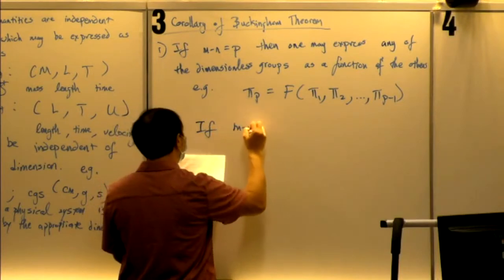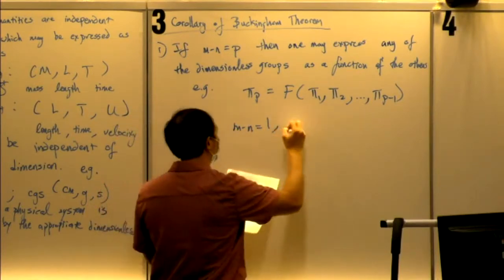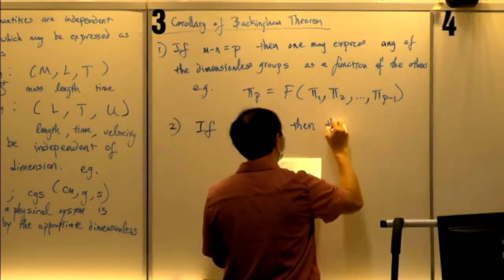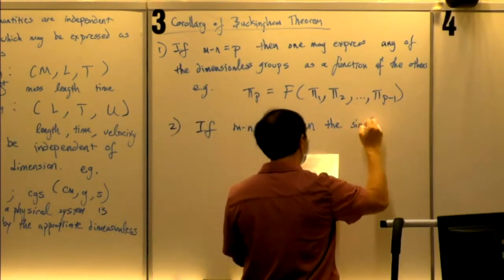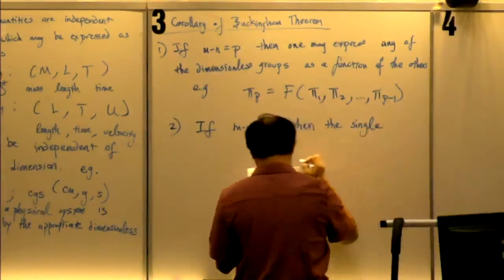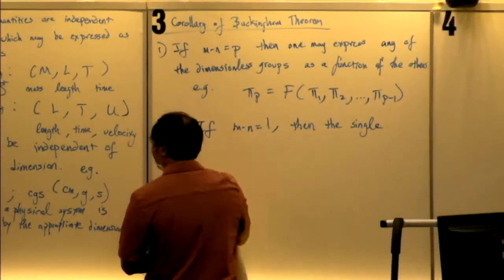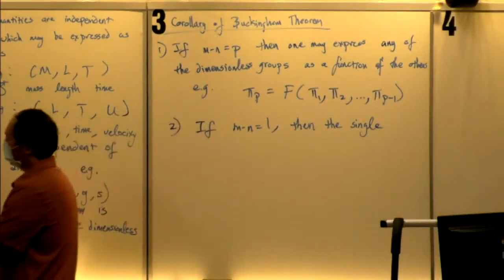So there's a special case that we'll pretty much look at today and next lecture because I think it's the easiest to understand. It's when you're lucky enough that you have just one dimensionless group.